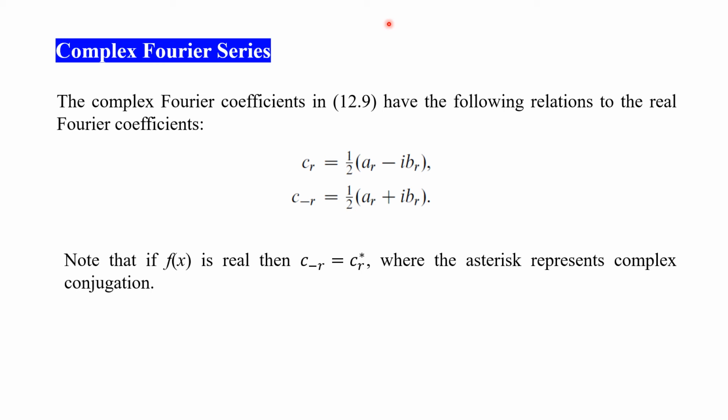Note that if f of x is real, then your c minus r is equal to c_r star, where the asterisk represents the complex conjugation. So this one here is the relationship of your complex Fourier coefficient c_r to your real Fourier coefficients a_r and b_r.